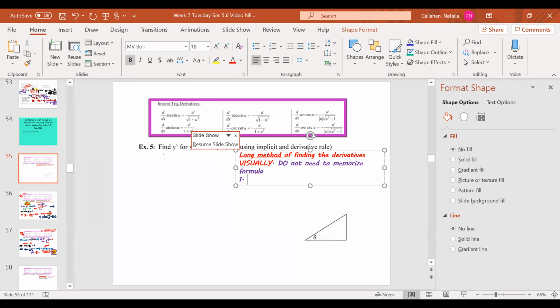Step number 1, you want to make sure that you take tangent on both sides. Afterwards, make sure you find the derivative of both sides. Don't forget the dy over dx. Next step after that is you're going to solve for dy over dx.